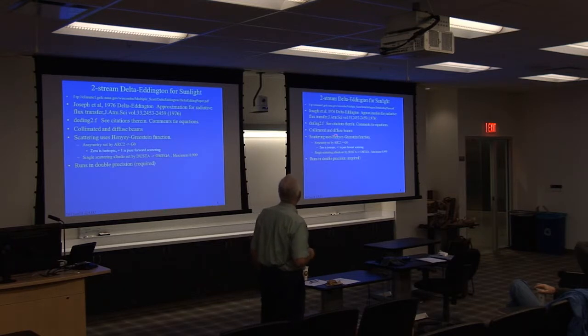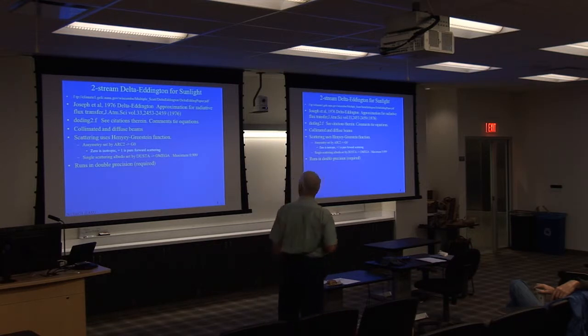The scattering uses the Henyey-Greenstein, oops, there should be an N there. Sorry, Greenstein. I actually knew the guy. The asymmetry is set by what's called the Henyey-Greenstein g factor. And basically, it's the following.